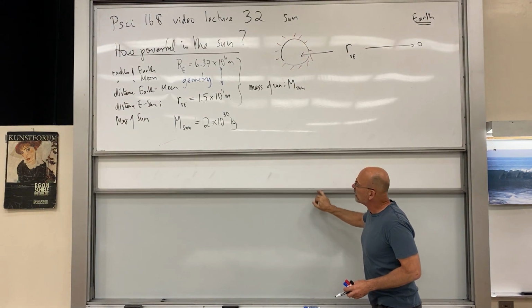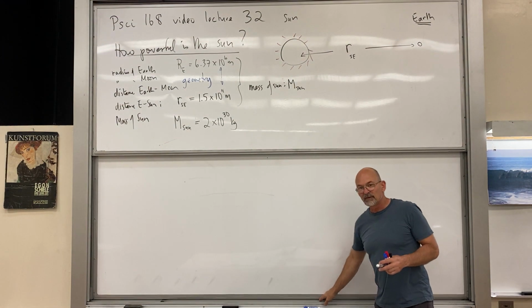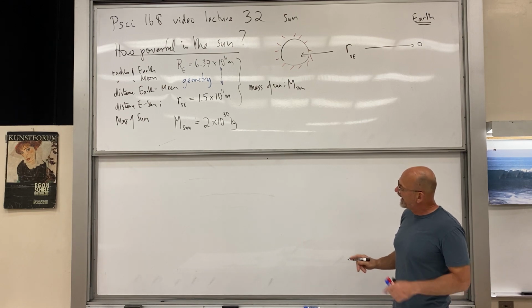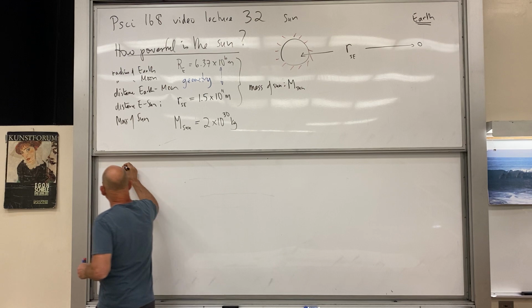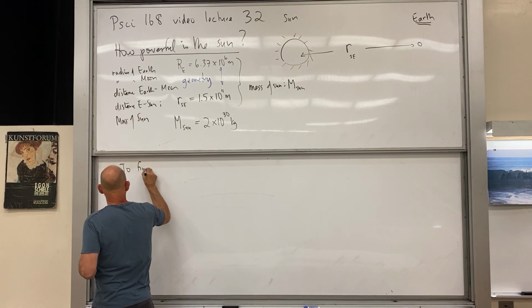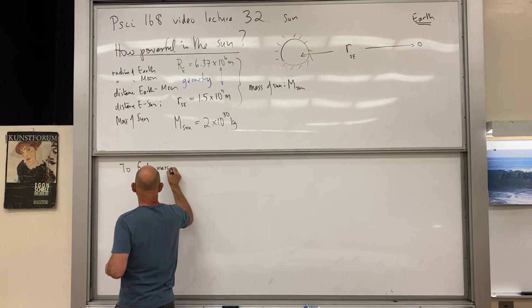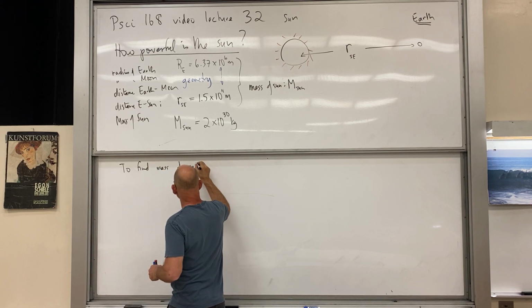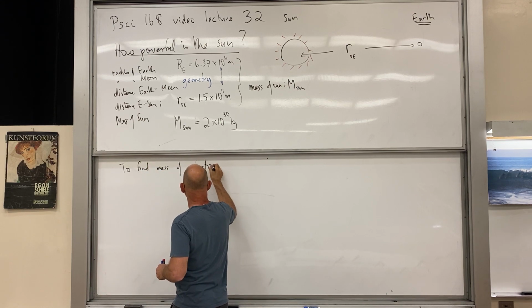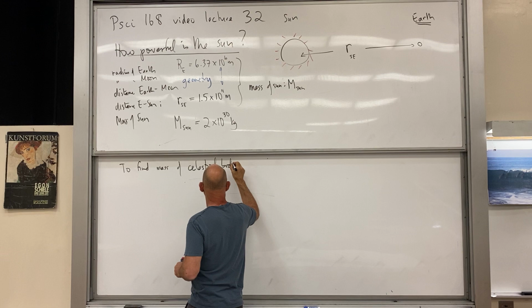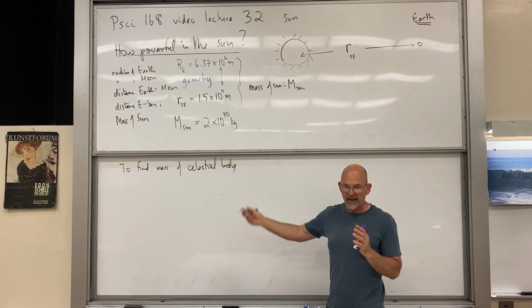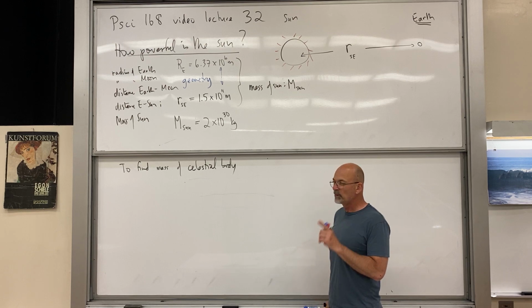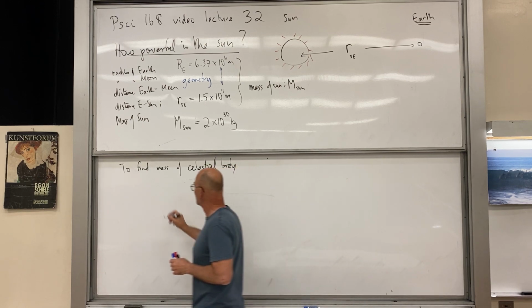So let me say a couple of words about how we discover the mass of the sun. We can't discover it by geometry. So to find the mass of celestial bodies, for example the sun, we need dynamics.